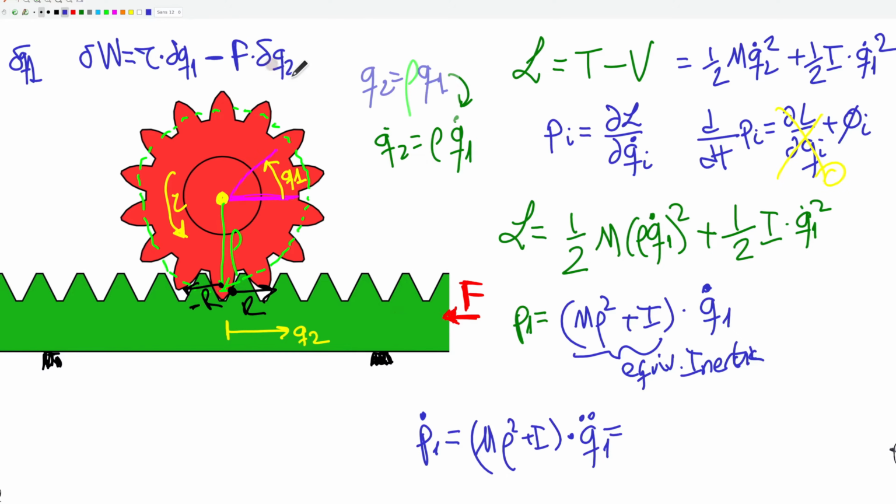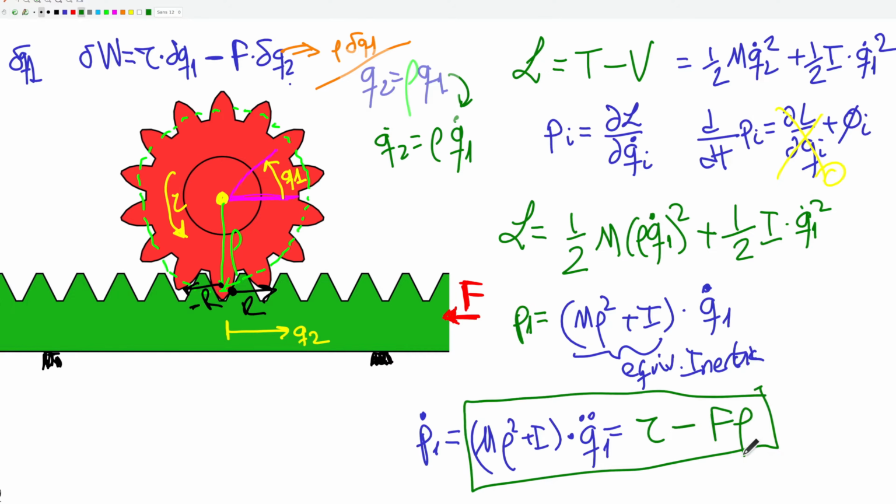And of course, as delta Q2 is rho delta Q1 from the kinematic constraint, then this means that on the right hand side I will have tau minus F rho. With this we obtain the equation of movement in the Q1 coordinate, which is equivalent inertia times acceleration equal to some torque balance. So this is it.